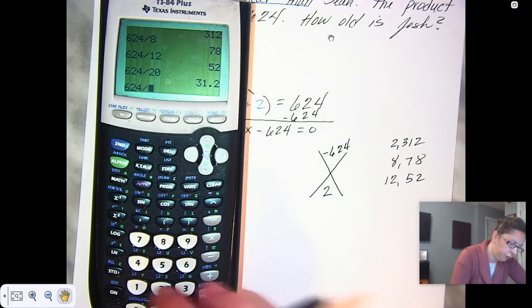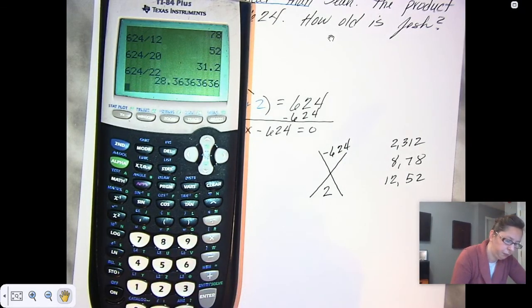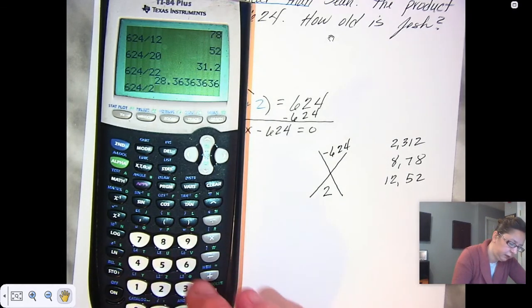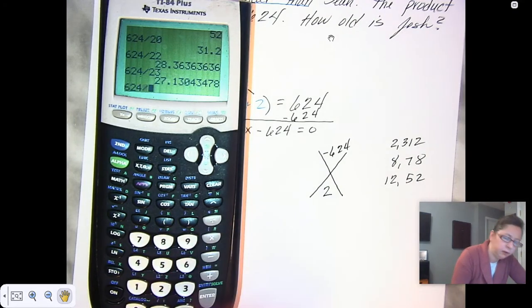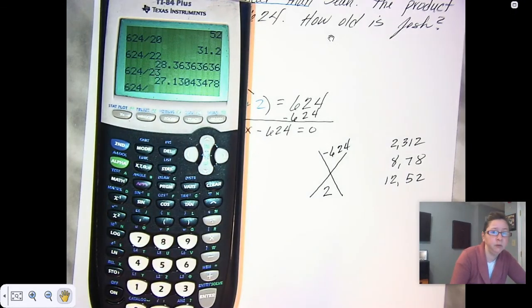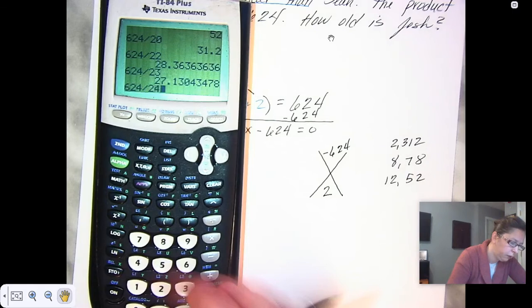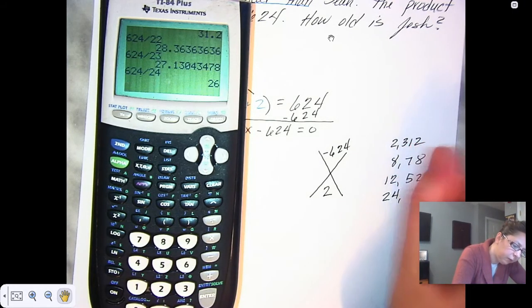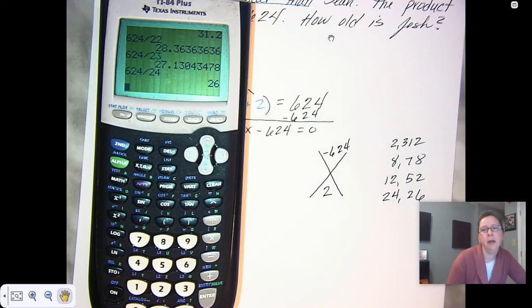624 divided by 22. Nope. 624 divided by 23. Okay, so I am just picking some numbers. And notice when I do it by 24, the answer is now 26. They're really close together. 24 and 26. So I did trial and error with my calculator, okay?